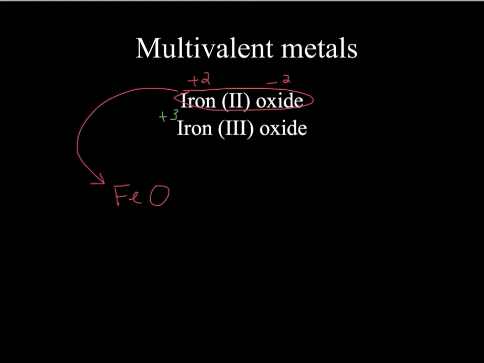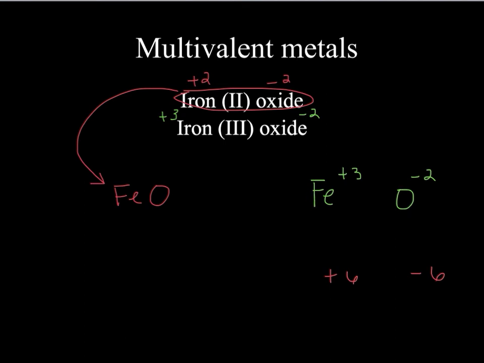Oxide in my second one, again, has a -2 oxidation state, so I know my iron is +3 and my oxide is -2. So I need my overall compound formula to be neutral in charge. So I'm going to take the least common multiple of 2 and 3, which is 6, and I know I need a total charge of +6 and -6.